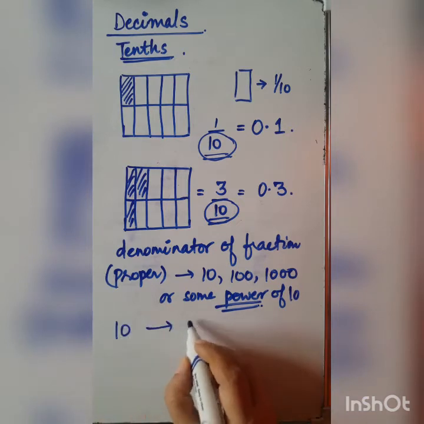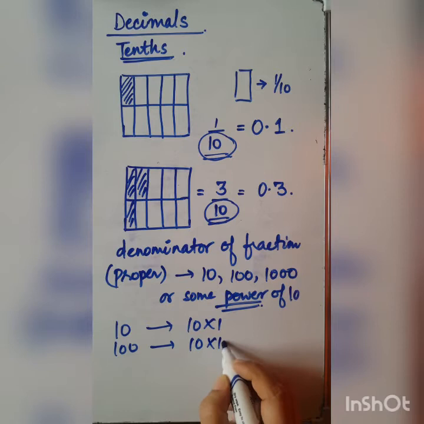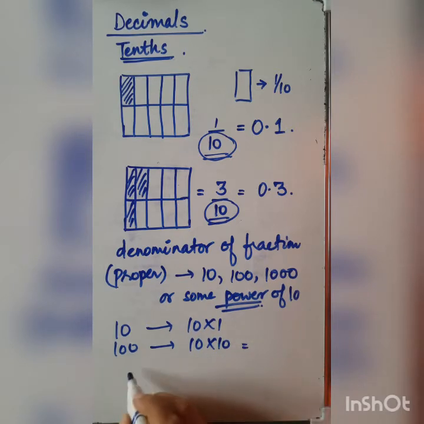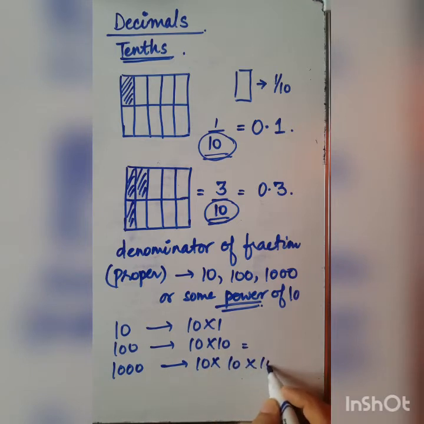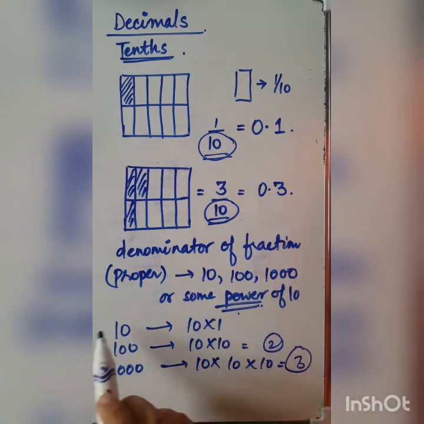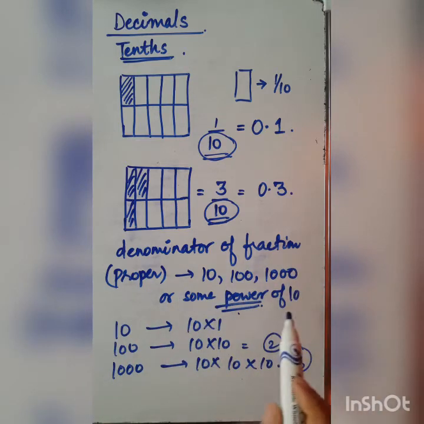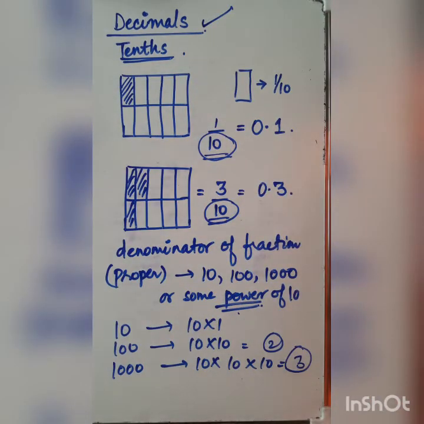Like 10 is 10 into 1, 100 is 10 into 10, that means 10 multiplied 2 times. Similarly, 1000 is 10 into 10 into 10, that means 10 multiplied 3 times. So carry on like this. That means the power of 10 is increasing. So the denominator of a fraction should be 10, 100, 1000 or some power of 10. Then these types of fractions are known as decimals.